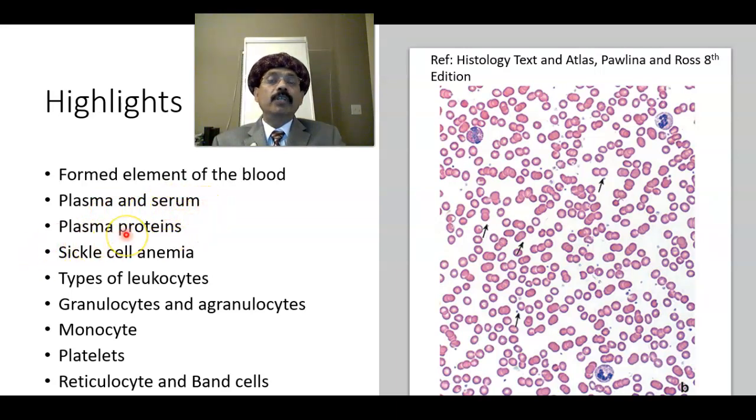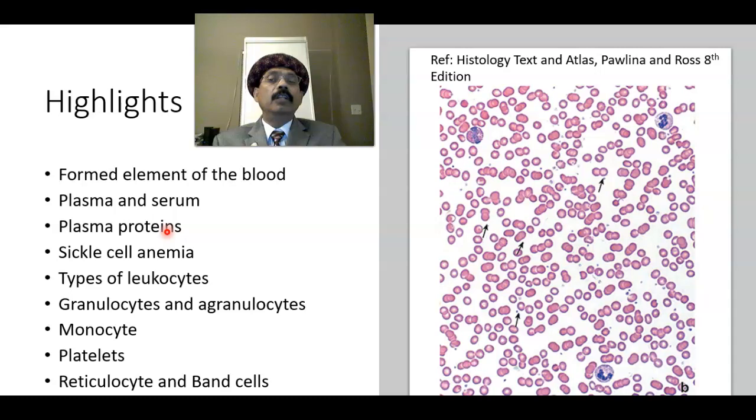Plasma proteins have very important functions, like albumin and globulin. They maintain the plasma colloid osmotic pressure, the osmotic pressure of the entire blood, so the blood should not leak out of the blood vessel into the interstitial tissue space. They are also very important to carry hormones and nutrients from one part of the body to another.